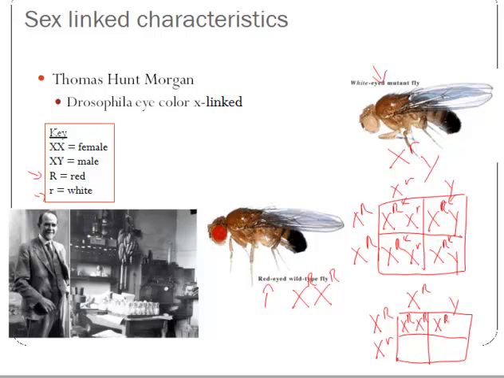We'll get a male with red eyes. We'll get a female that's heterozygous, carrying red eyes and white eyes, and we'll get a white-eyed male. So that's what we would get with this cross. And we'll get some practice with these on some worksheets in lab.